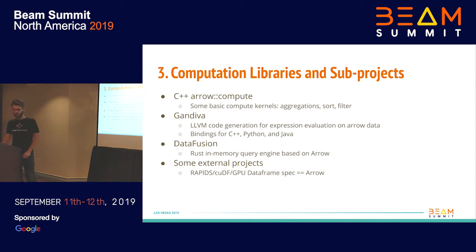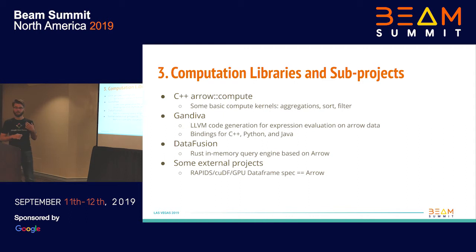The last thing about Arrow is computation libraries built on top of this format. There are a few different things within the Arrow project right now that are all in progress. Gandiva and DataFusion are maybe the most complete ones, but there's also C++.